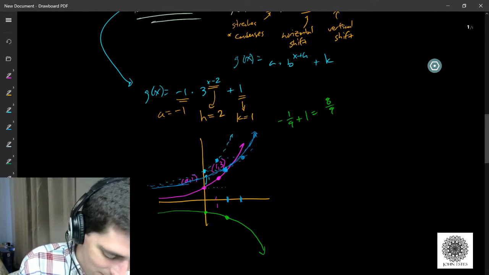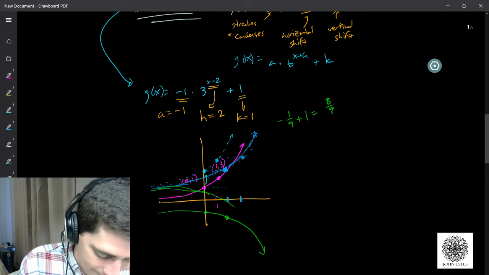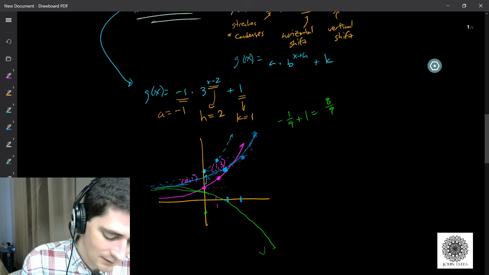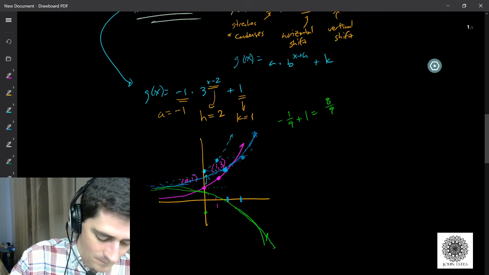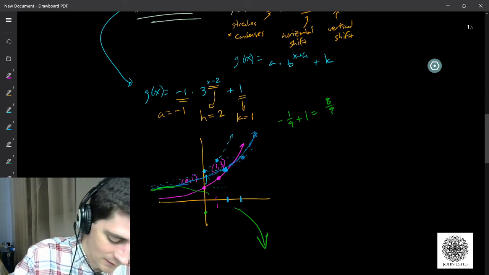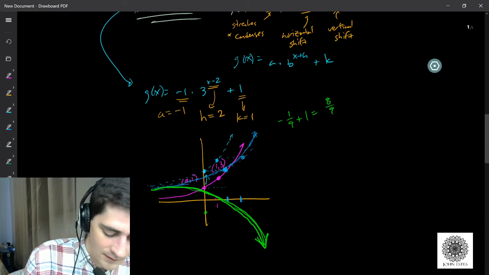Yeah, so actually I did this incorrectly. It's going to go like this. I shouldn't have flipped it around the axis. I shouldn't have done that. It's just going to go like that. All right, and you can plug in some test points to make sure you feel good about what you have. But there's your graph.